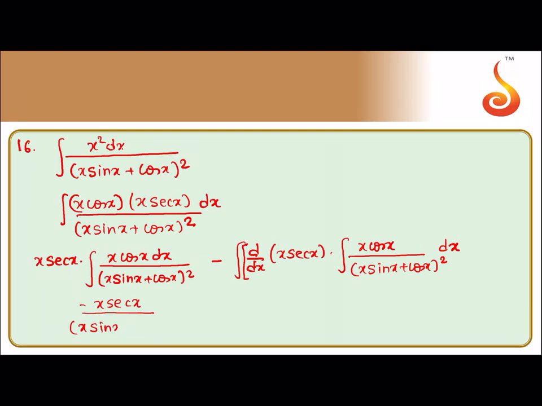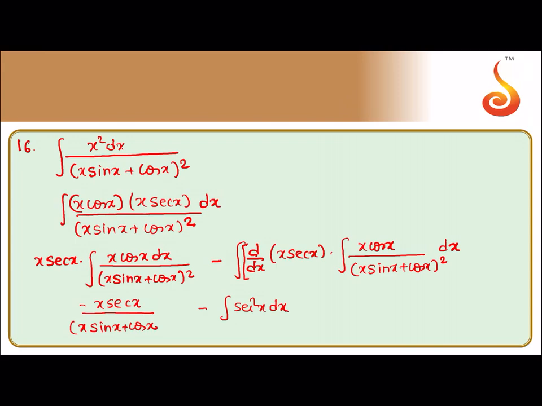When we solve this, we get x secant x, minus sign of course, divided by x sin x plus cos x. Now the derivative of x secant x is secant x plus x secant x tan x.